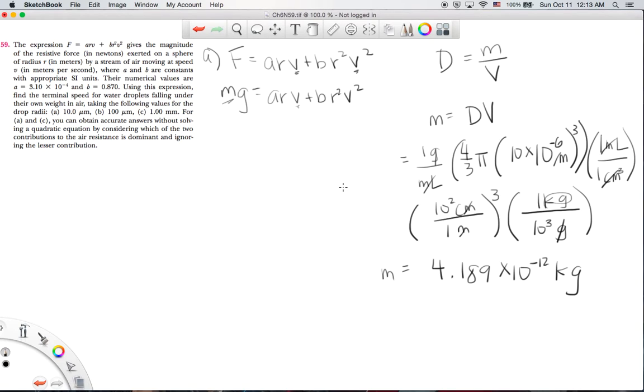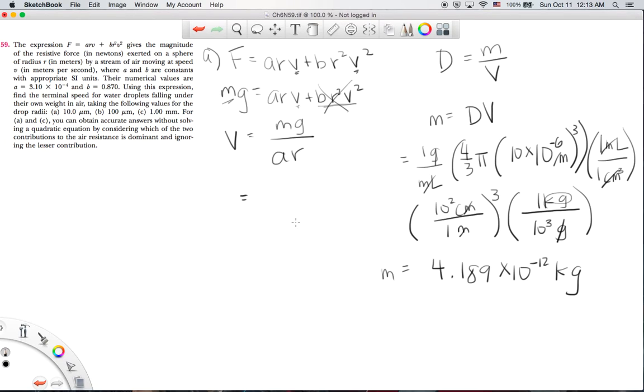So if we look at this equation, we have to decide which term we're going to eliminate. Since the radius is so small, if we square it, this is going to be a really small number. So we'll take this term out and say that V then equals mg over AR.